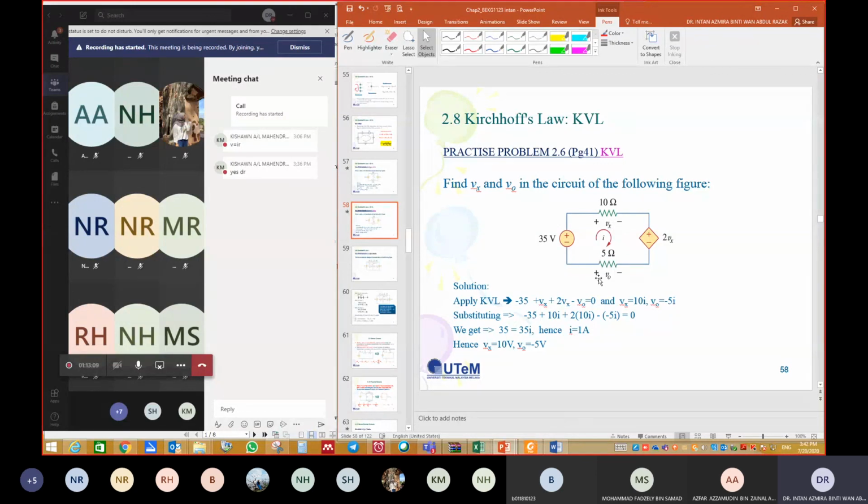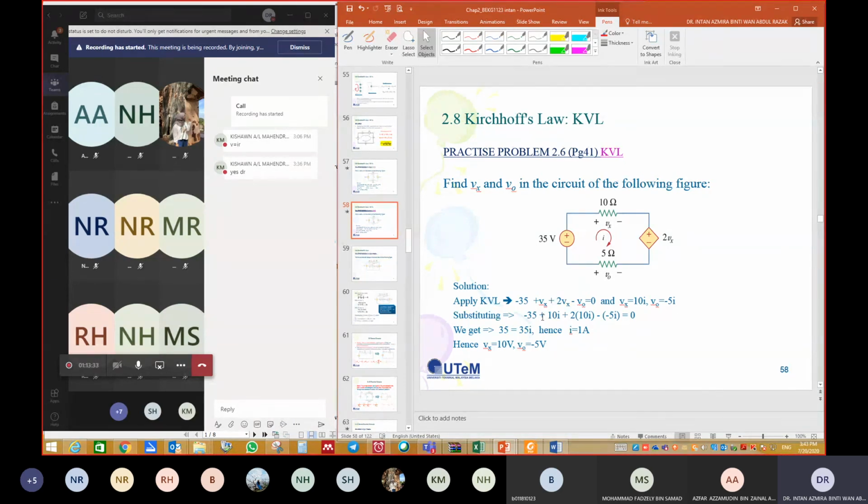So when the notation of voltage is positive, negative, meaning that the current flows to this positive terminal, meaning minus of this I. So minus 5I.